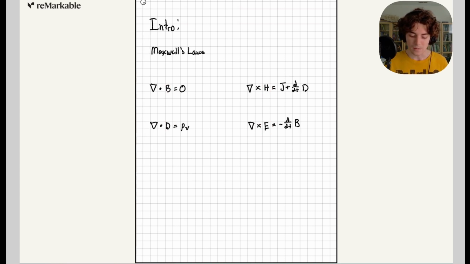So fundamentally, Maxwell's laws just inform us about the divergence and curl of the electric and magnetic field. And there are 4 of these laws.